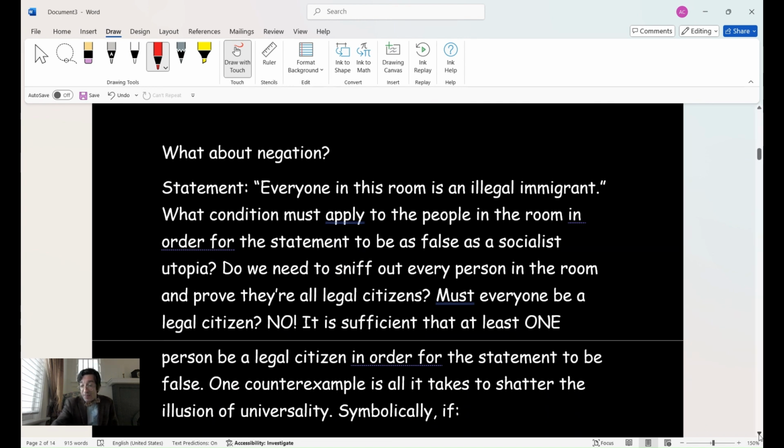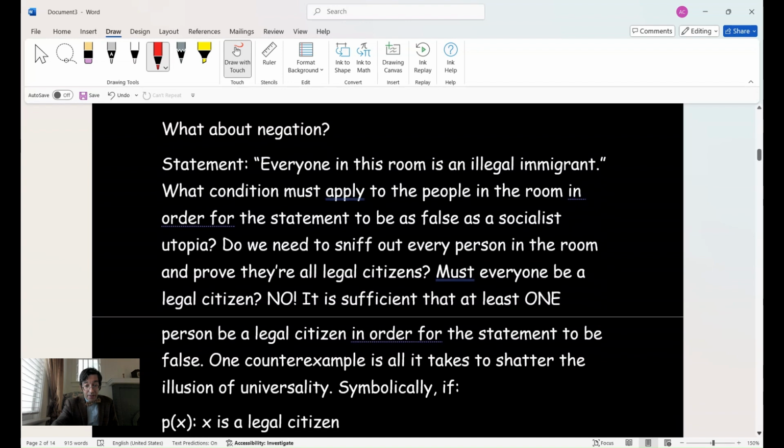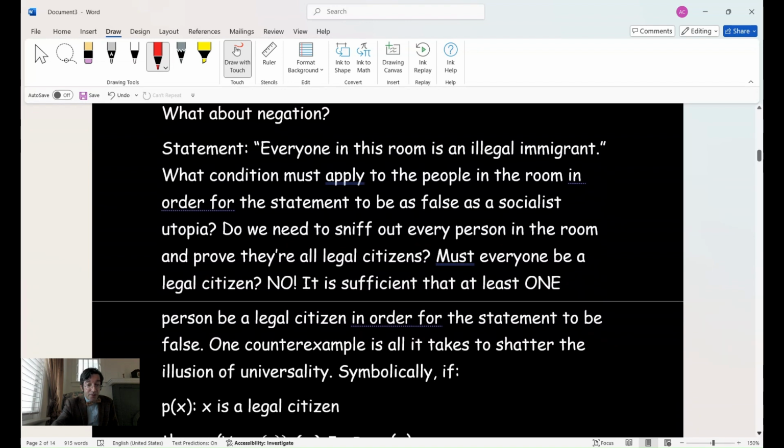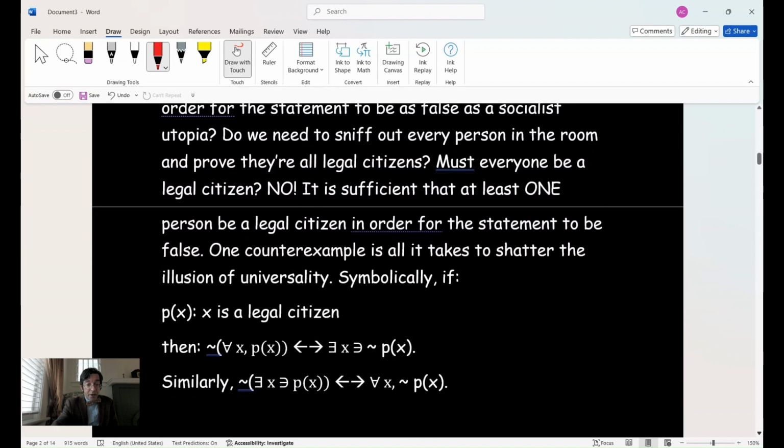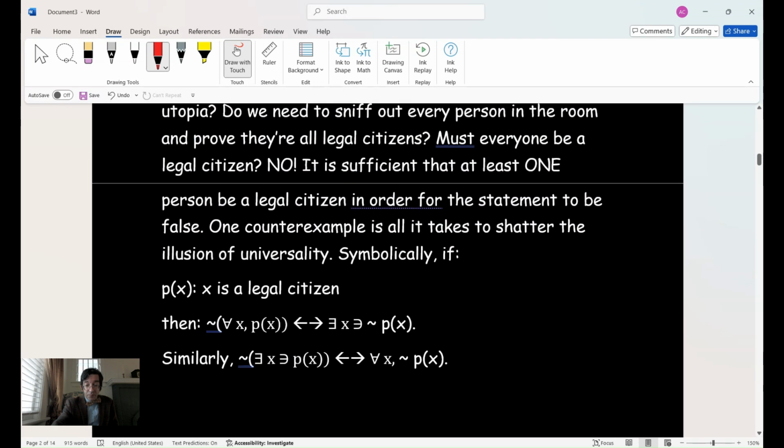If you want to write it symbolically, and I hope you've been studying the symbols, here is what it would look like. Take a look at this. Now you realize that this is an application of when and how we use the symbols. So the first one, as a translation, says it is not true that all people in this room are legal citizens.